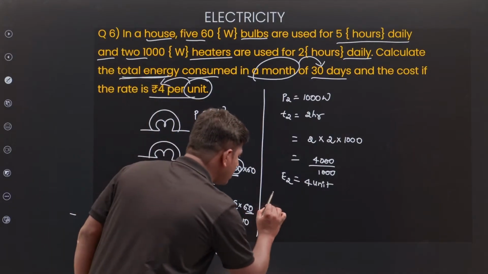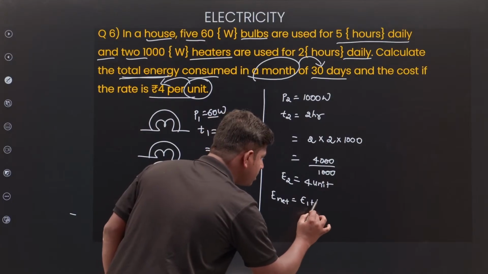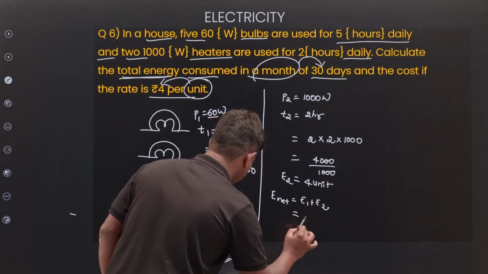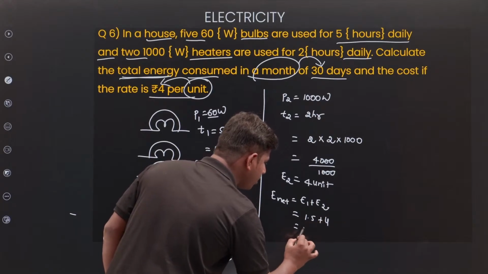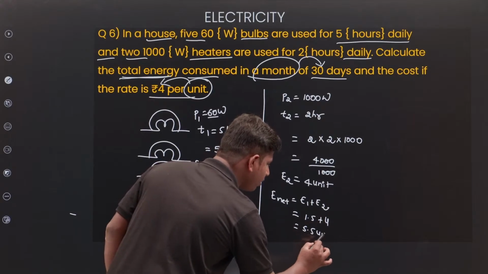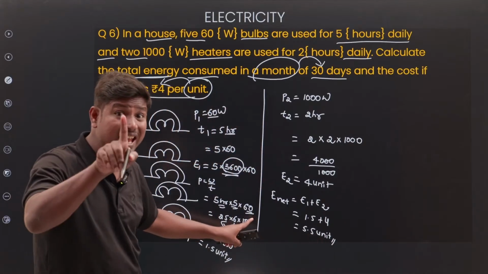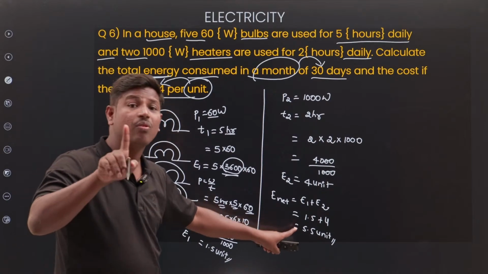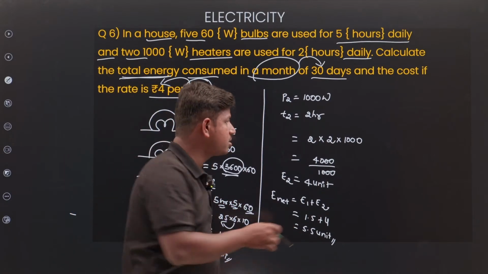Then total energy E net is equal to E1 plus E2. E1 is 1.5, E2 is 4. Totally 5.5 units of current. This is for one day only. Total energy in a day is 5.5 units.